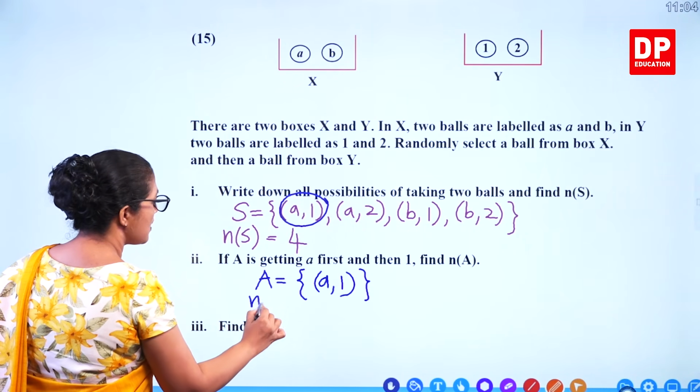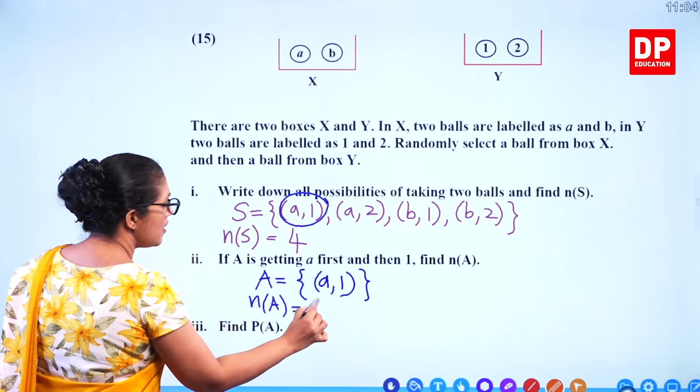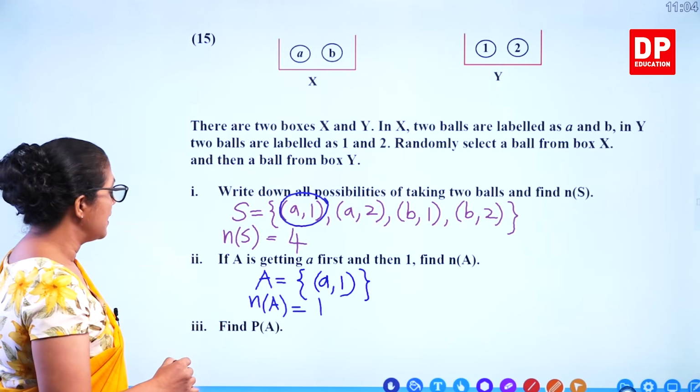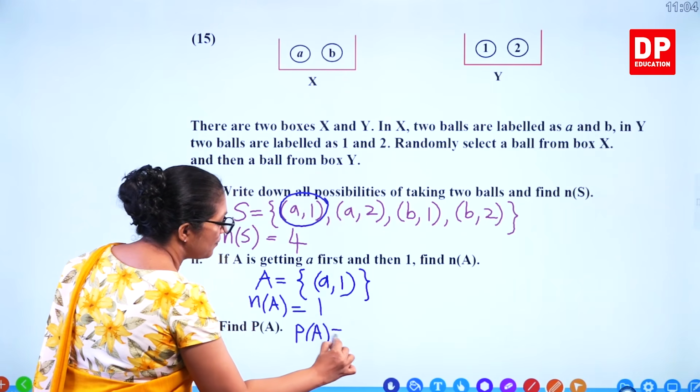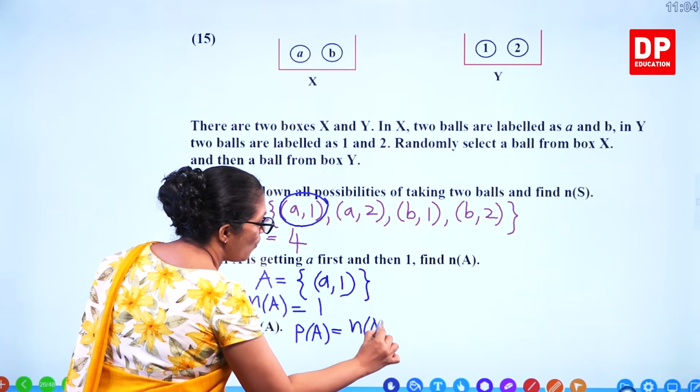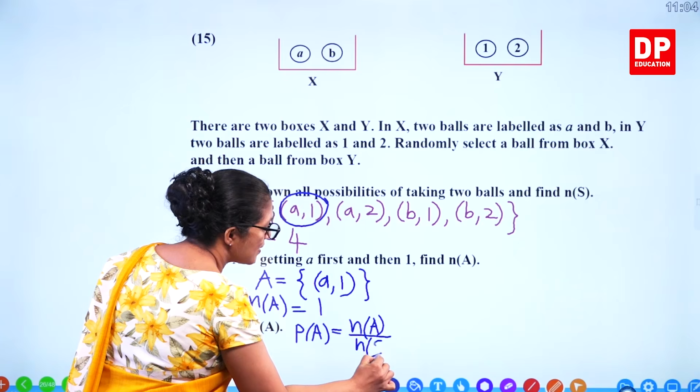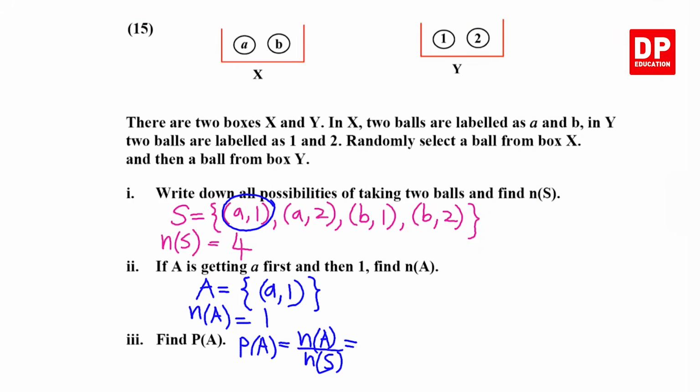So what's the number of elements in A? You get one possibility. So what's the probability of A? NA over NS. That means 1 over NS, that's 4. So 1 over 4.